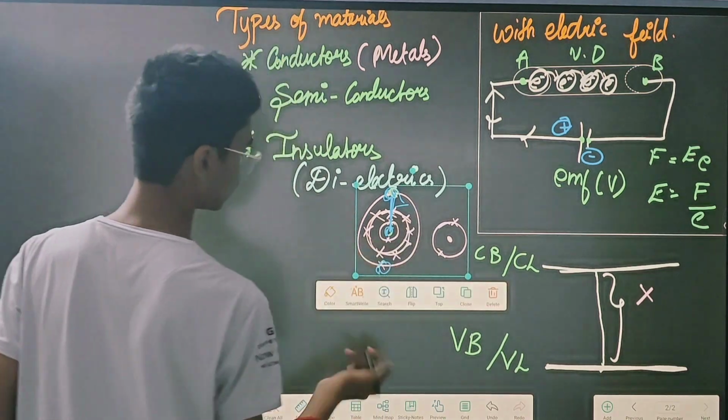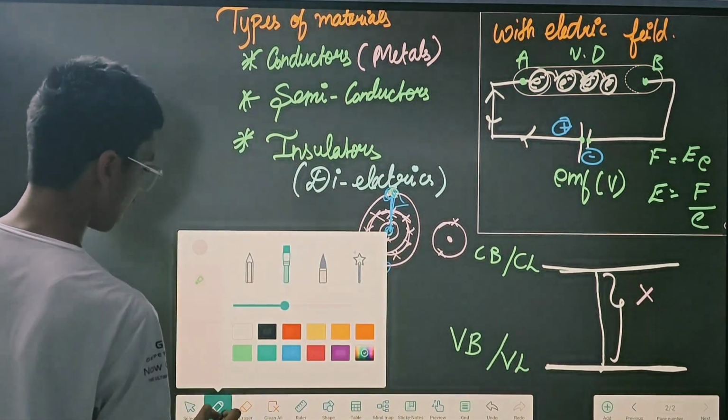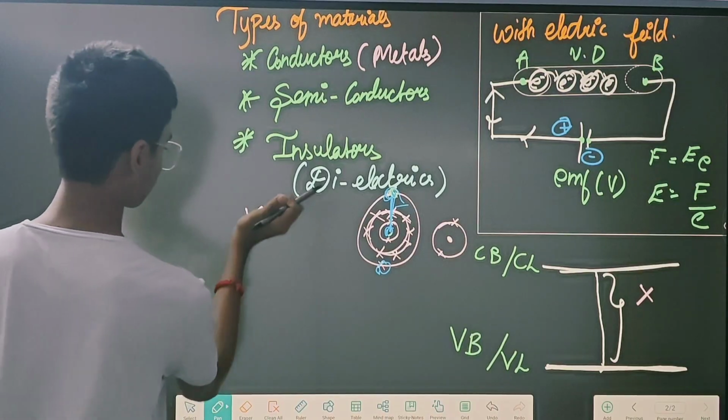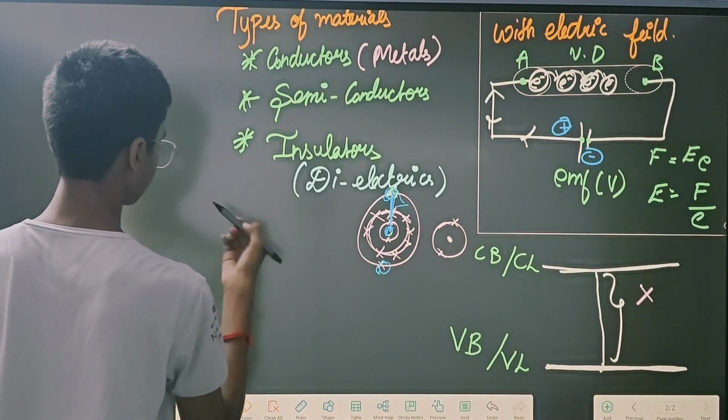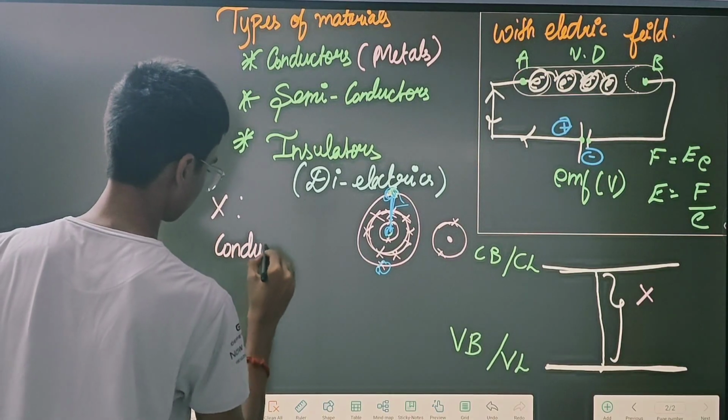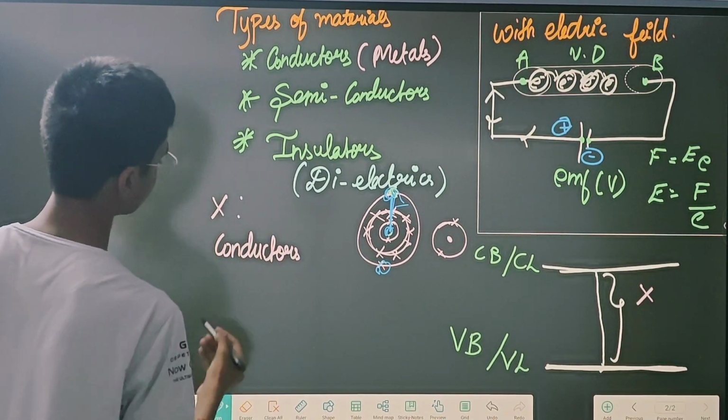That x distance will be less for conductors, then for semiconductors.